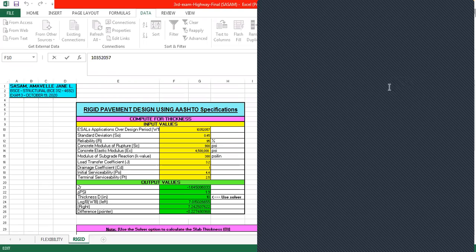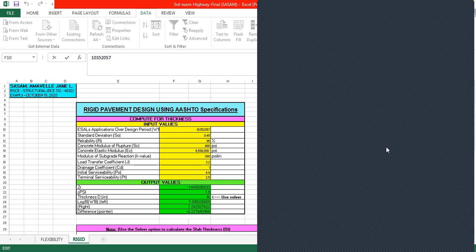Then for the concrete modulus of rupture, we have here 900. And then for the concrete elastic modulus, we have here 4,500,000.